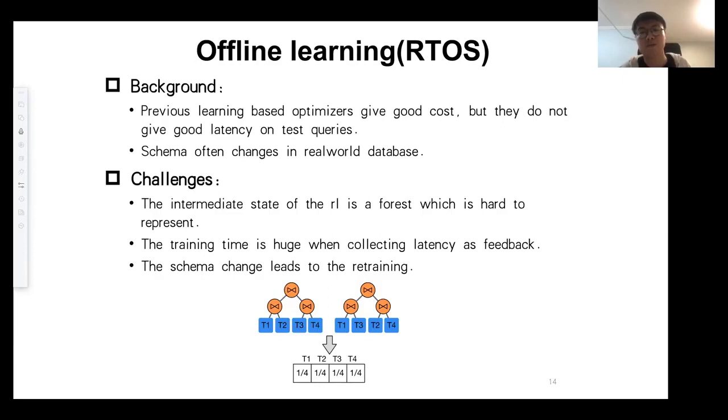But that may consume a lot of time because you have to really run the query. The third one is that schema change leads to retraining. The schema often changes, so you do not want to retrain the model every time.